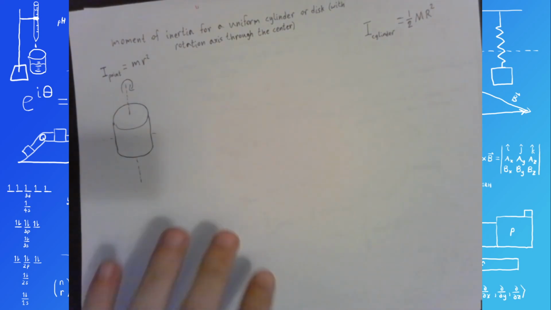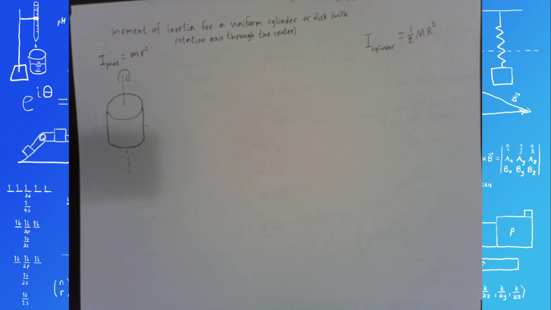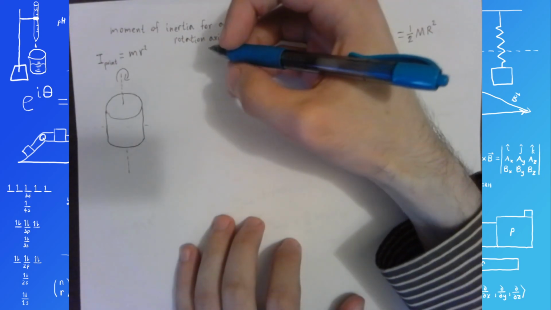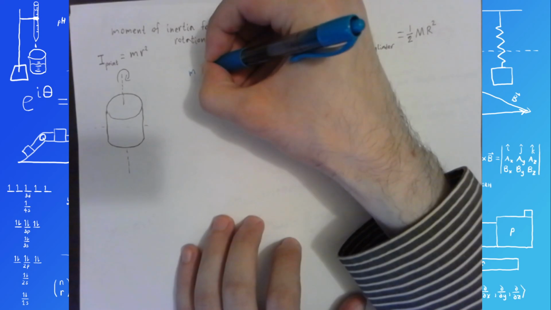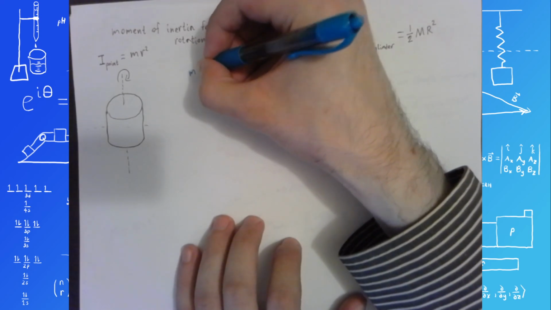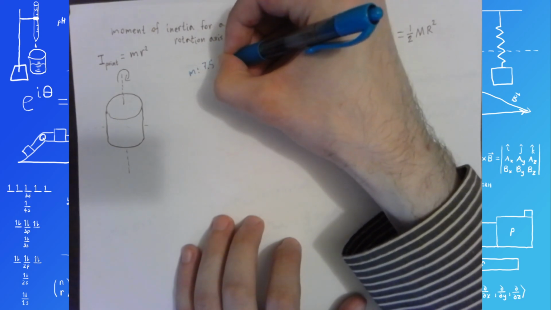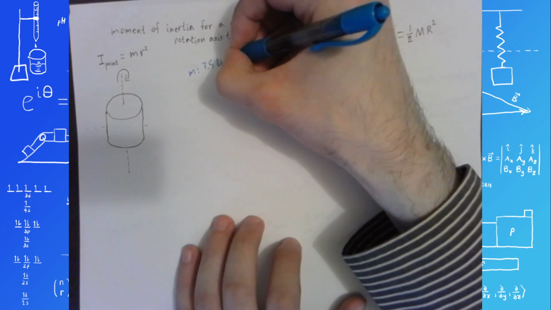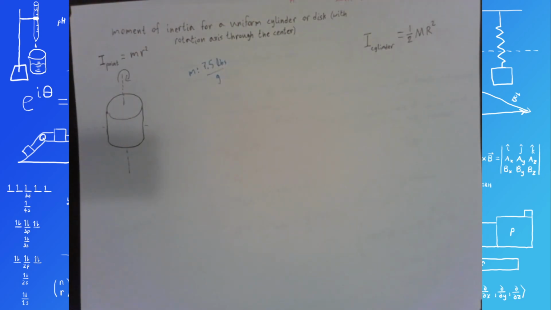So I would say that half of my 15 pounds, so I would have a mass of 7.5 pounds divided by whatever g is supposed to be in imperial units. That would be the mass of one of those two lumps.